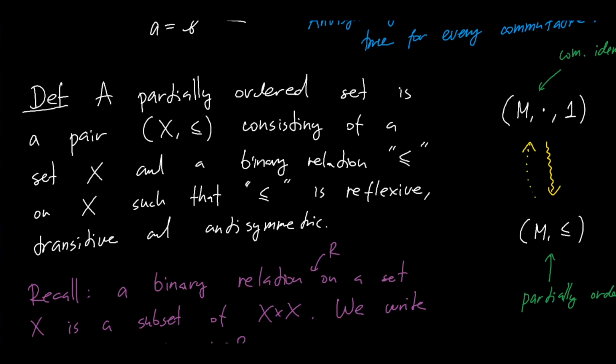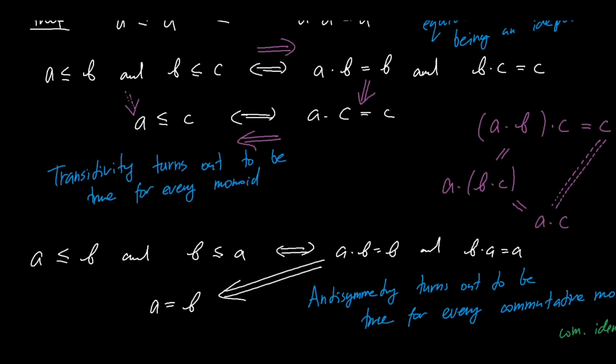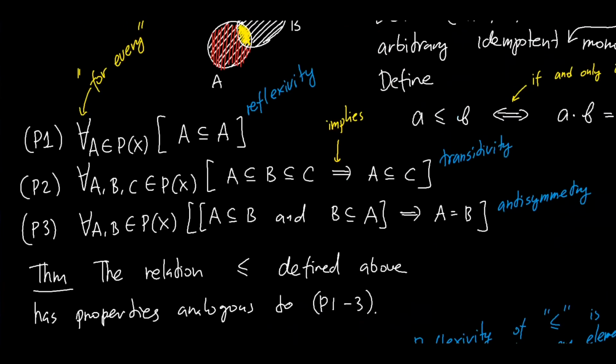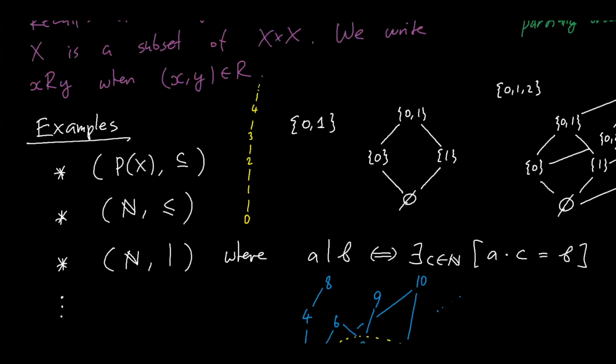Now, to answer this question, let's go back to the example which motivated us to consider this partially ordered set in the first place. This was this example here, where we noticed that the subset relation can be defined in terms of the union. What about the other way around? Can we define union in terms of the subset relation? It turns out we can.